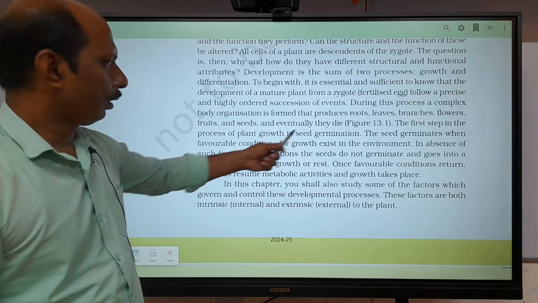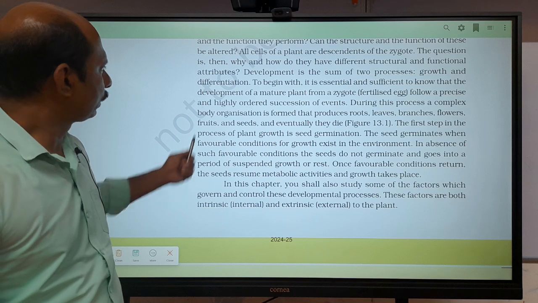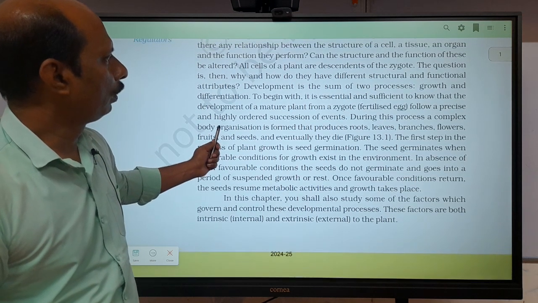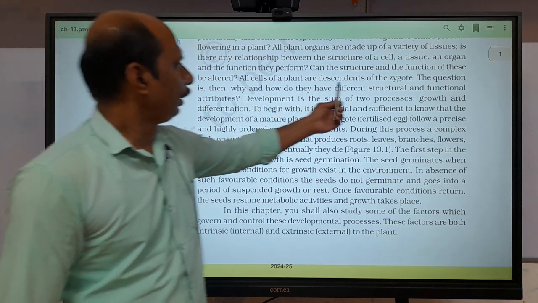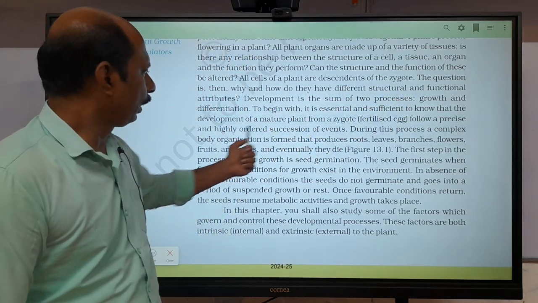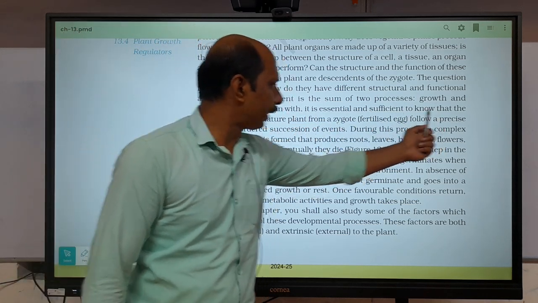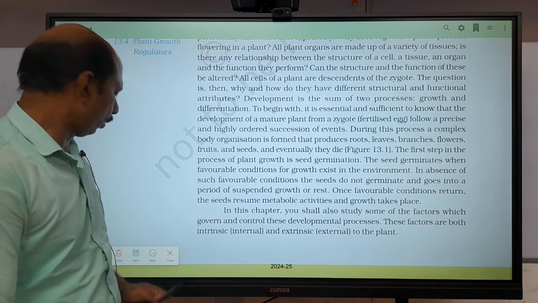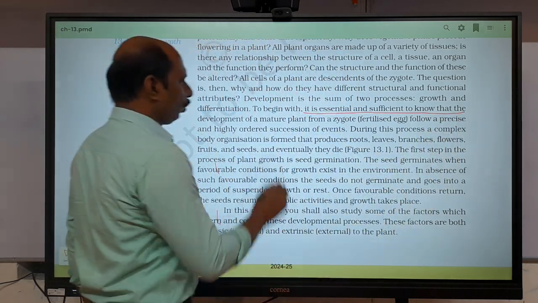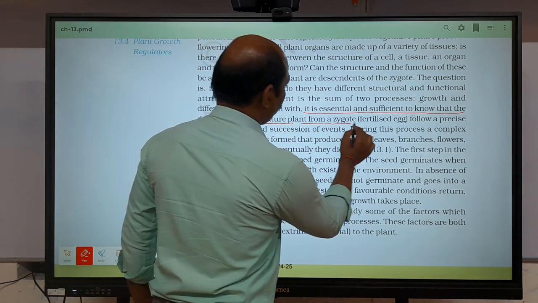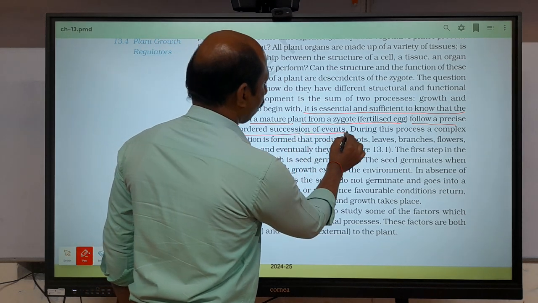During the process, everything goes on very orderly. Here it is given, to begin with, it is essential and sufficient to know that the development of a mature plant from a zygote, fertilized egg, follows a precise and highly ordered succession of events.